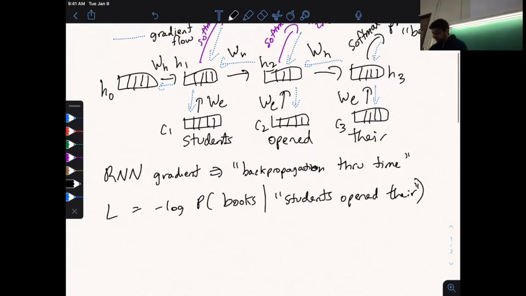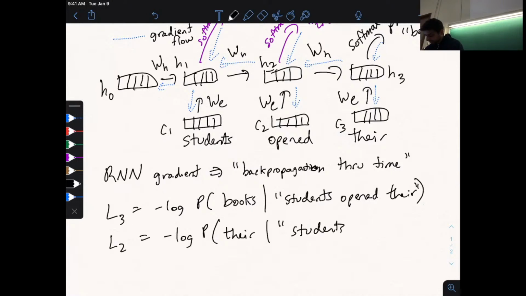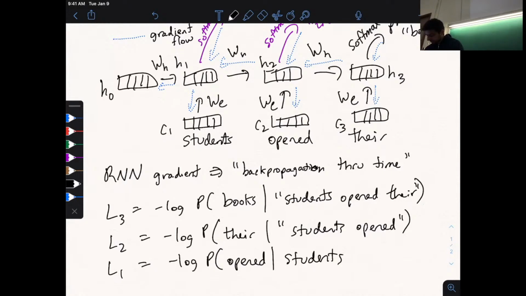right? So actually, this is the loss at time step 3. At time step 2, we have this loss of their given students opened. And then at the first time step, we have this loss of opened given students.